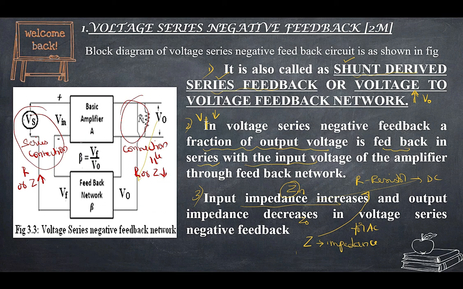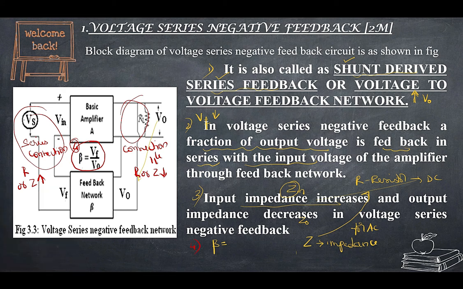Then the fourth point should be this beta. What is beta? Beta is called the feedback ratio. Feedback ratio we always measure with respect to output to input only.